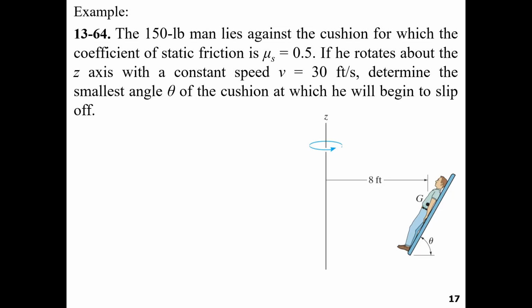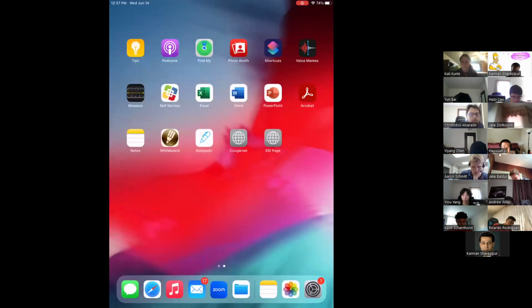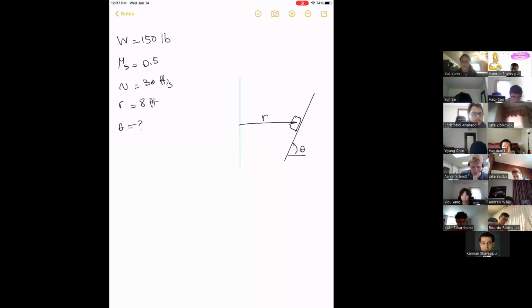Let's switch to the slides. So to be able to visualize this, obviously this guy is moving on a circular path, which kind of looks 3D.